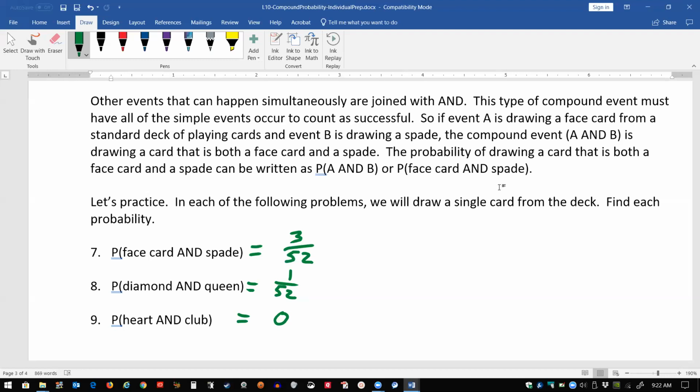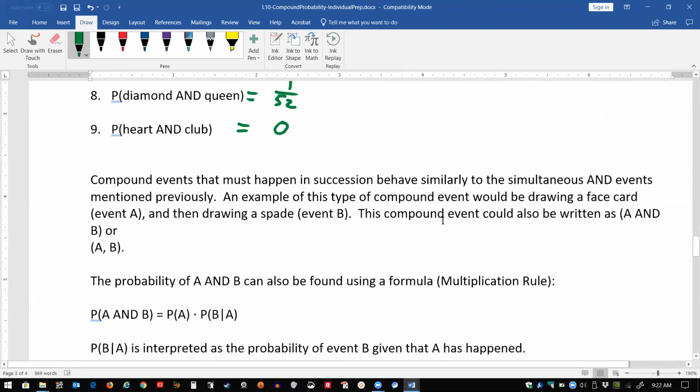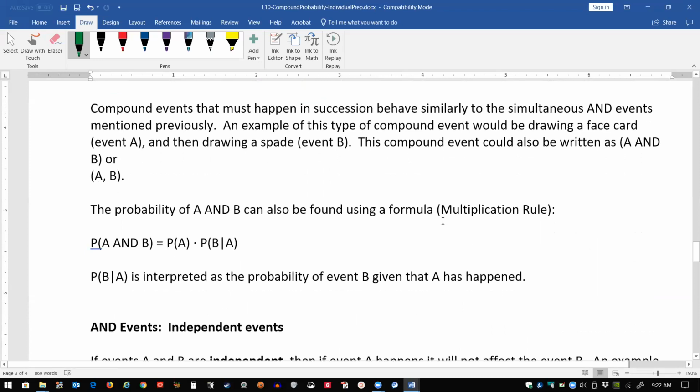Now we're going to introduce the actual formula. When you're talking about and compound events, either you have a single trial and you want to see if both of those events happen on that single trial, right? Or you could have multiple trials and you want them to happen in a specific sequence.